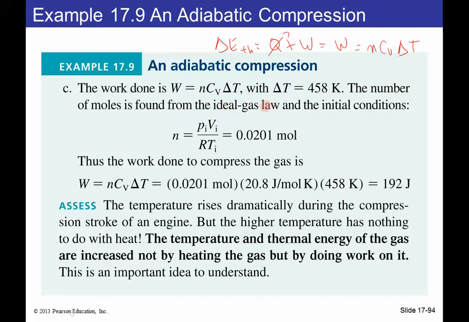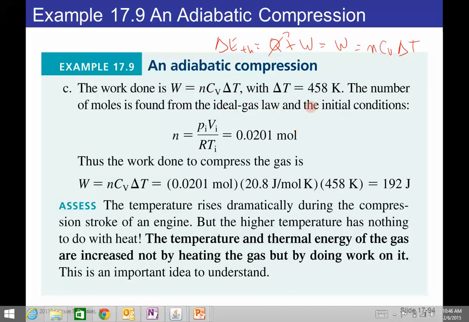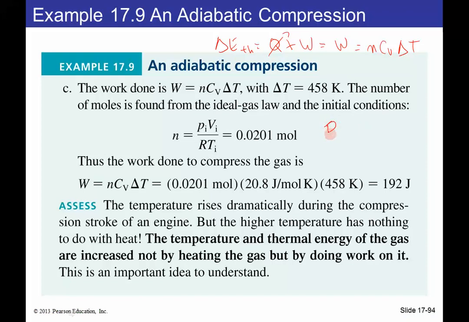So we need to find the number of moles, and we can find that from one of the points. So because we have PI VI is equal to nRTI, from here we can find the number of moles, which is always the same. So you get that it is 0.021 mole.